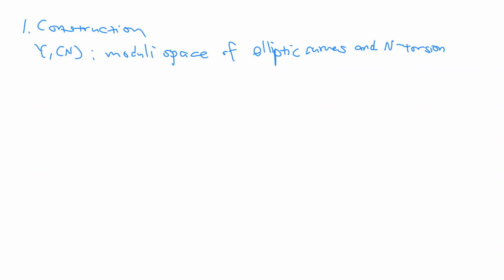Now there are many ways to write down an elliptic curve, right? For example, there's a Weierstrass equation, or there are so many of them.